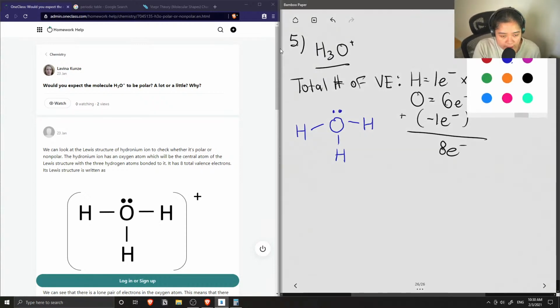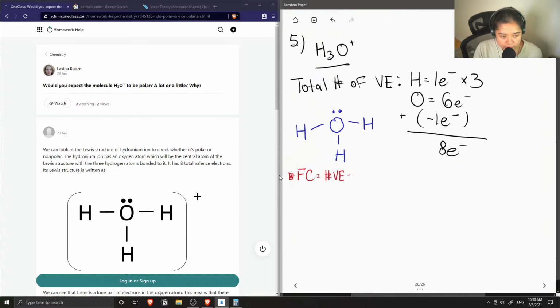So now we have a valid Lewis structure, but we also need to take into account the formal charges of these atoms. So the equation for formal charge is equal to the number of valence electrons minus the number of non-bonding electrons minus the number of bonding electrons divided by 2.